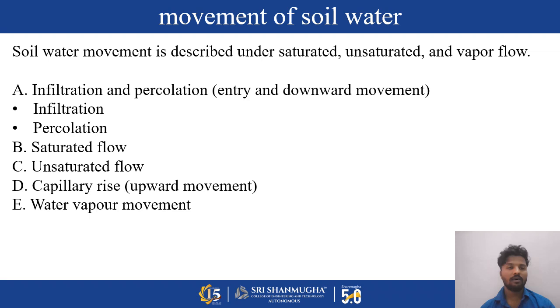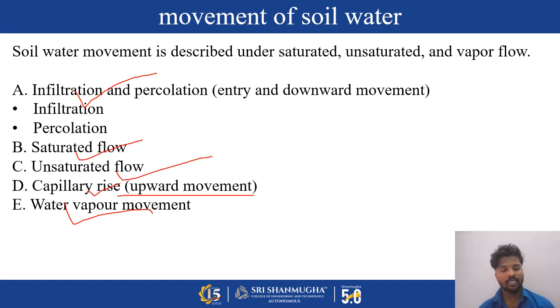Based on that, five types are given here: infiltration, percolation, saturated flow and unsaturated flow, and capillary rise. Capillary rise is the upward movement of the soil water in the soil. Then water vapor movement is soil water moving in the form of vapor.